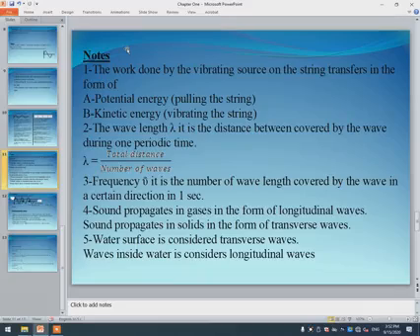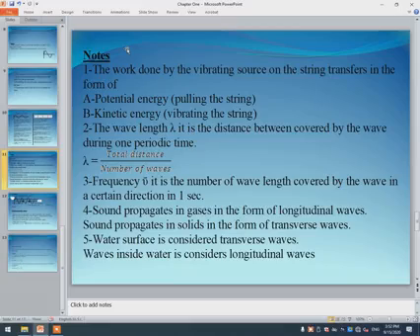We need to analyze this process. You pull the string downward, which means you did work on this string to pull it downward.